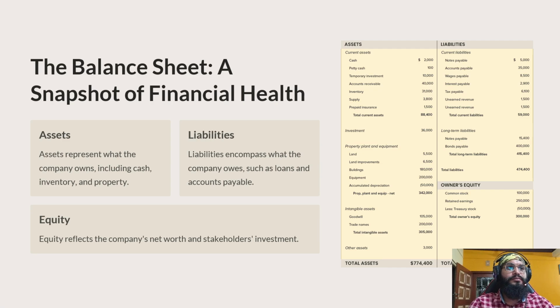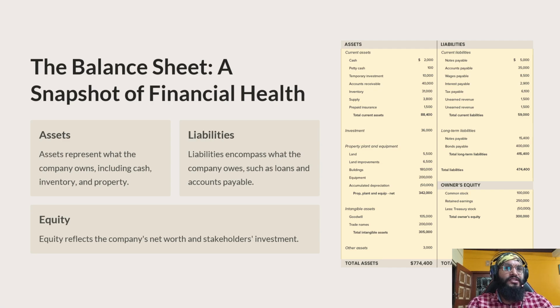Balance sheet, a snapshot of financial health. While unpacking the financial statements, let's begin with the financial statement basics, which is the balance sheet. While businesses generate revenue, manage expenses and make investments, the real challenge is understanding the impact of these activities in a structured manner.